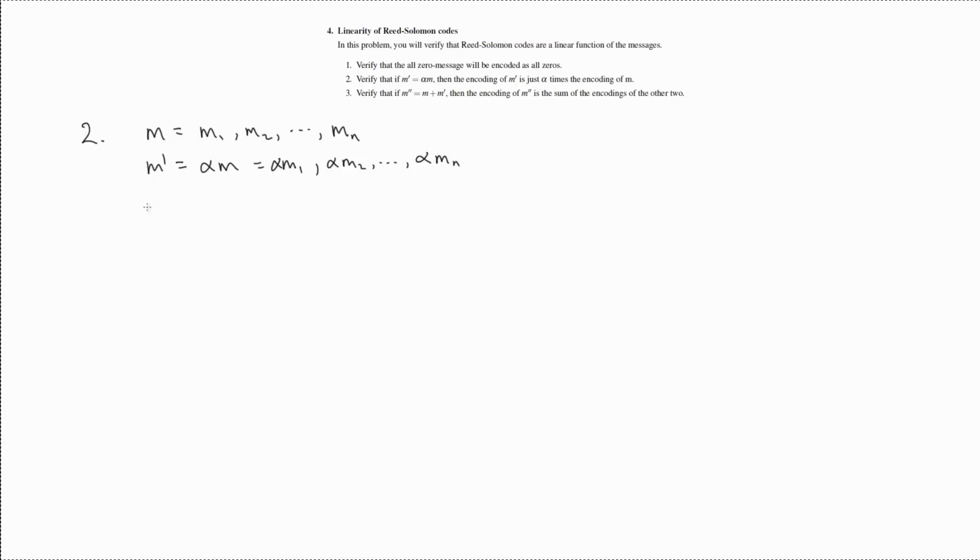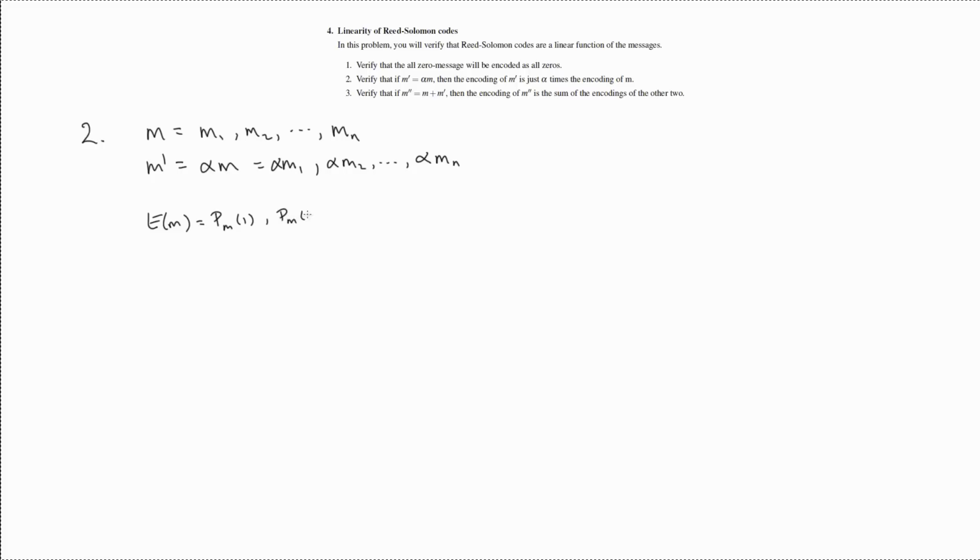Now, we want to show that the encoding of the message m prime is just alpha times the encoding of the message m.